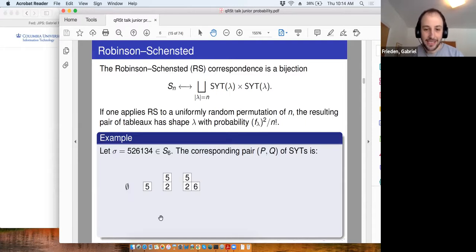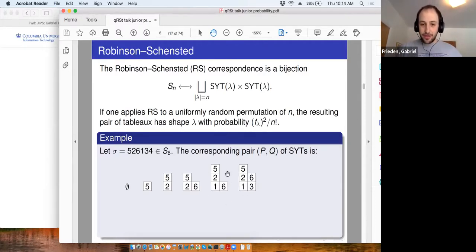Next the 6 comes along and the 6 can just sit at the end of the first row next to the 2. Now the 1 comes along, the 1 is going to displace the 2 because it's smaller than 2. The 2 is going to move up to the next row and bump the 5, and the 5 is going to move up to the third row, resulting in this.